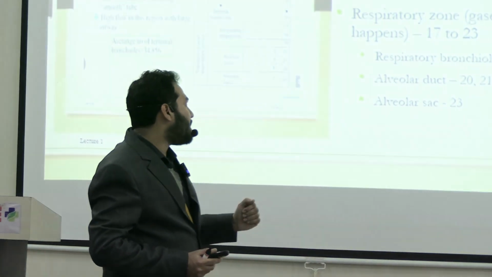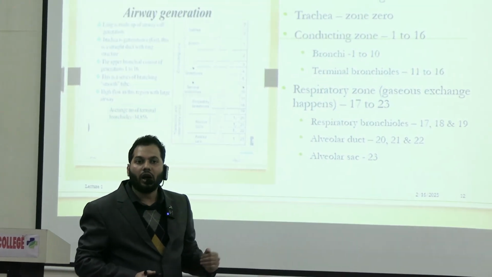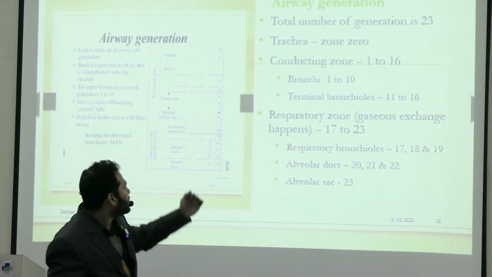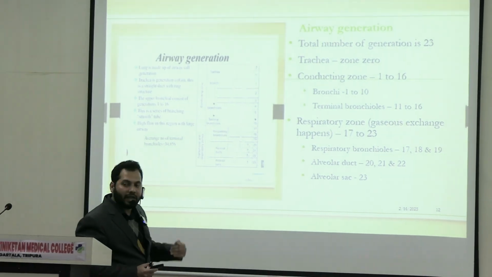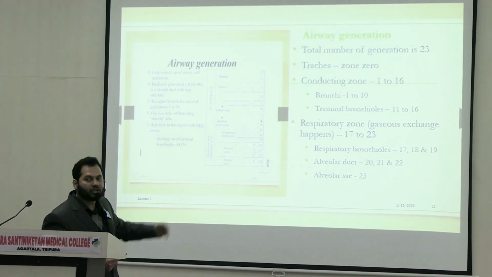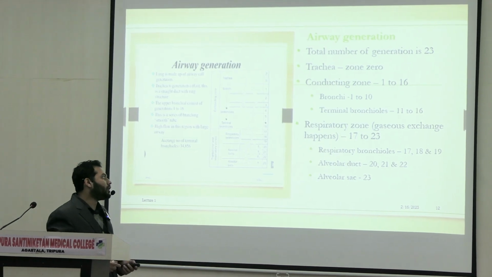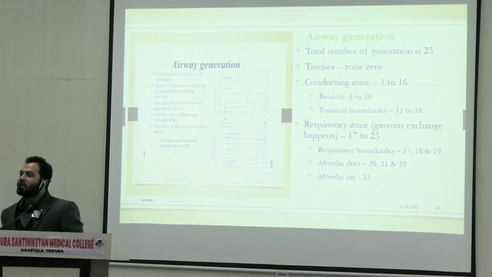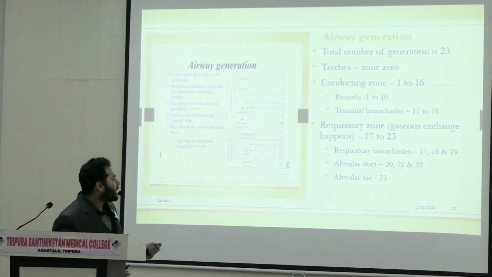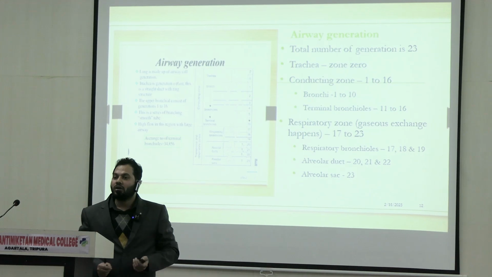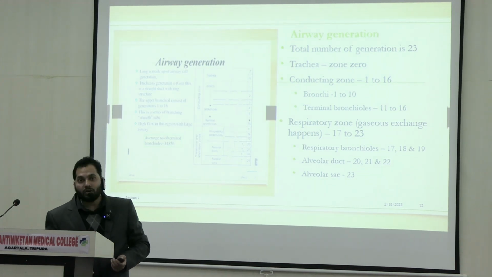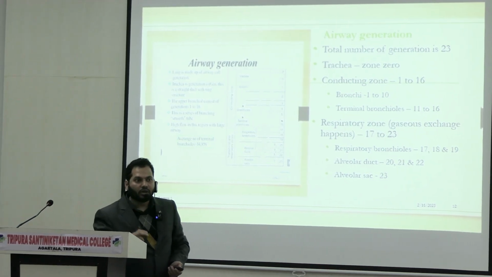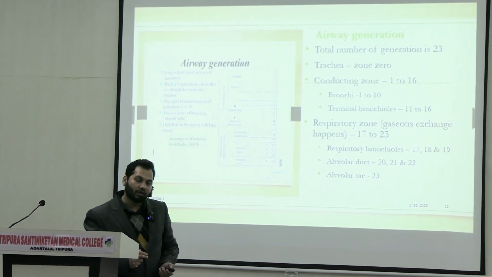But generation number 17 to 23 are mainly involved with the gaseous exchange. Here, generation number 17 to 23 is again subdivided into 3 sections called respiratory bronchioles, that is generation 17 to generation 19, alveolar duct, that is 20 to 22, and finally the alveolar sac, which contains the lung alveoli, is generation number 23.